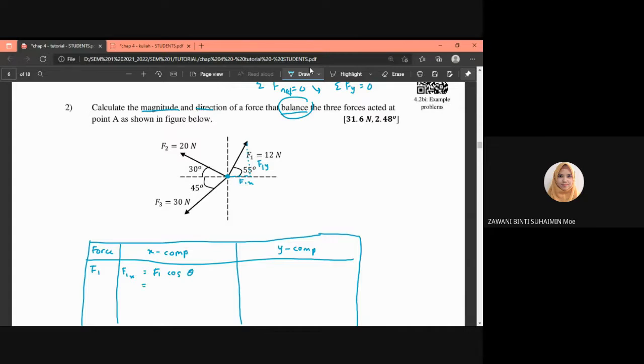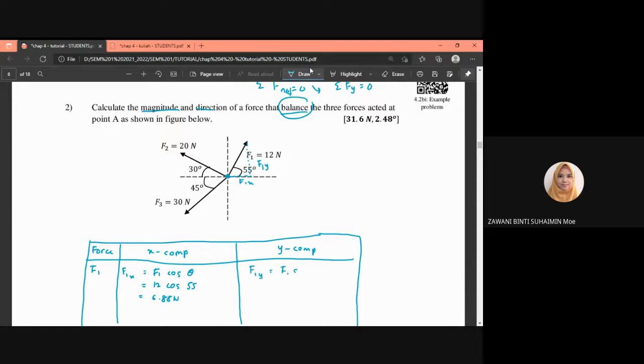So kita masukkan magnitude F1 tadi, dia dah bagi 12 cos 55. Okay, so bila kita calculate, okay, kita akan dapat 6.88 Newton. Okay, settle.